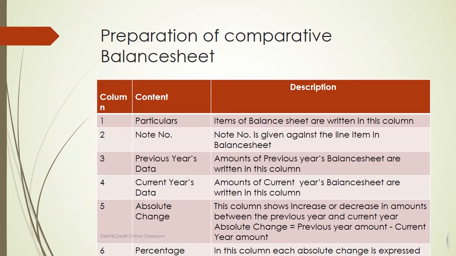Sixth column is for the percentage change. After getting the absolute change, this absolute change will be divided by the amount of the previous year, and to find out the percentage will be multiplied by 100. So that is the percentage change.